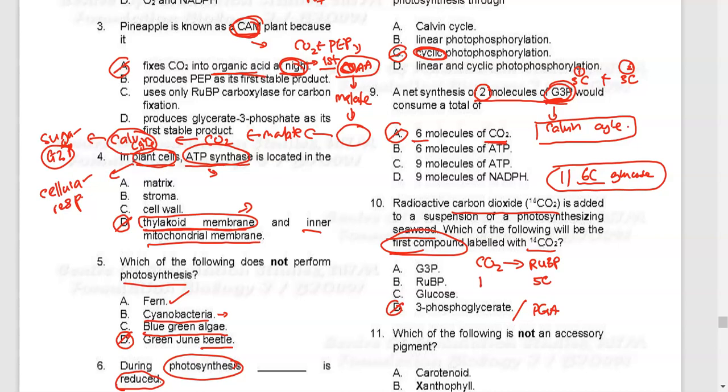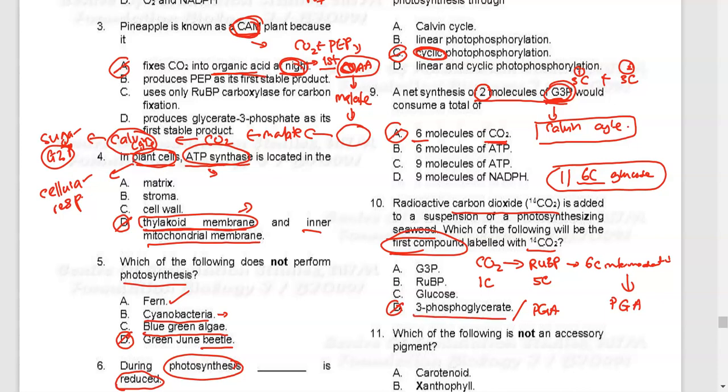Carbon dioxide is a one-carbon compound, and this will produce a 6-carbon intermediate. This 6-carbon intermediate is a very unstable molecule, so it will break into 2 molecules of PGA, also known as 3-phosphoglycerate.